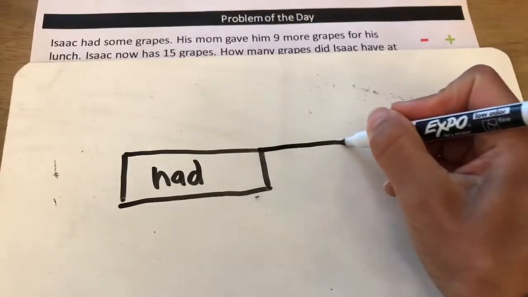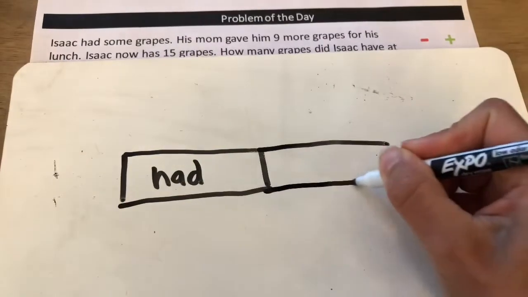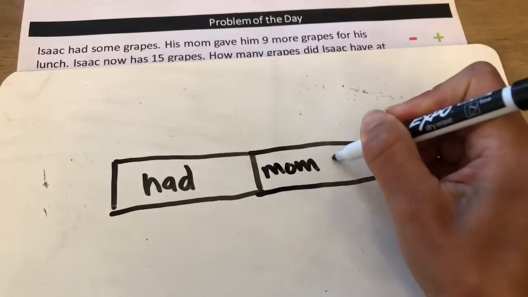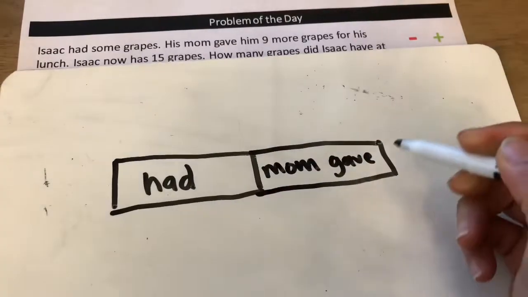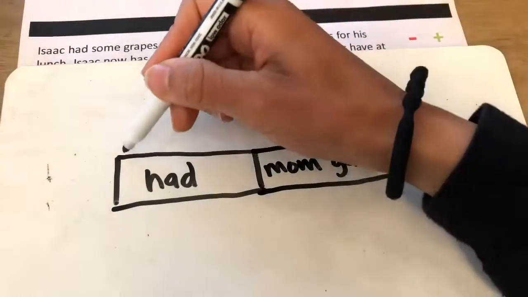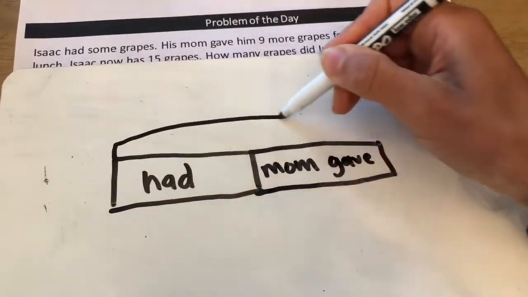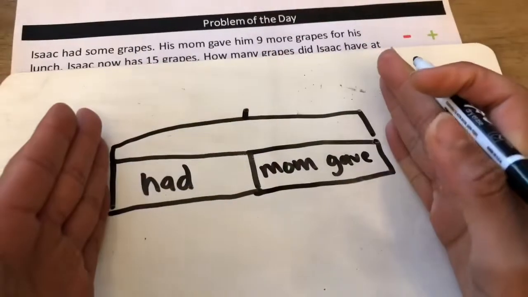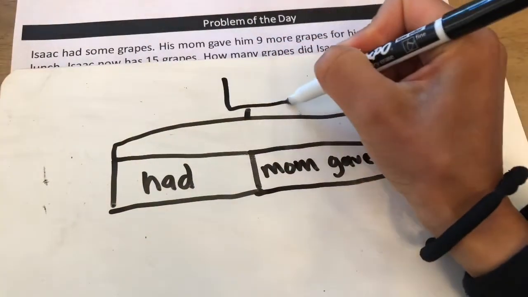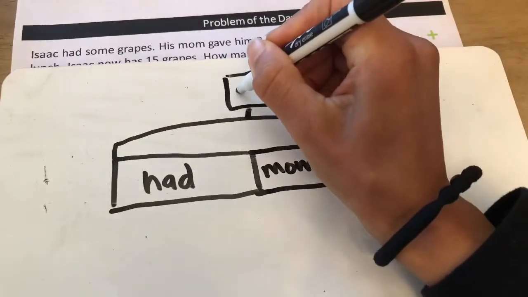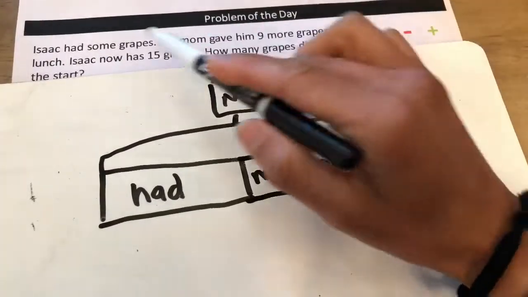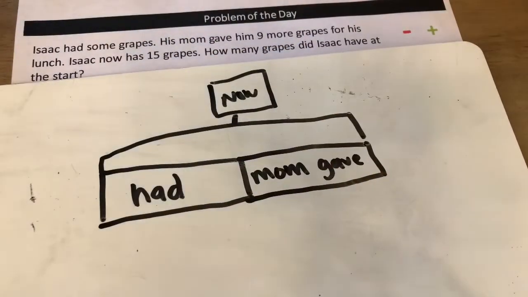So his mom gave. Excellent. And after his mom gave him some grapes, now in total, from here to here, now he has Isaac now has 15.